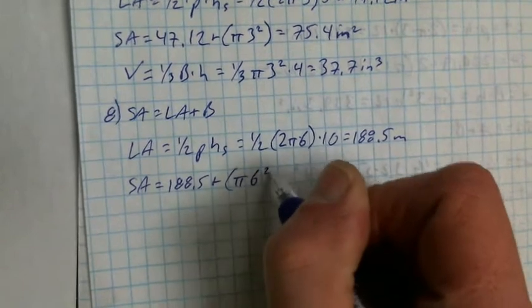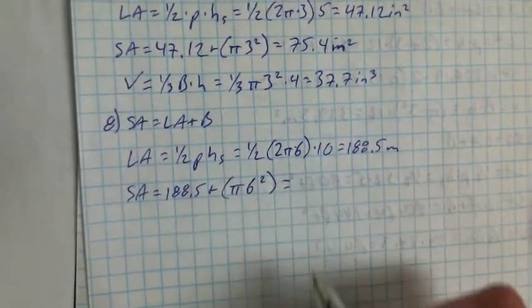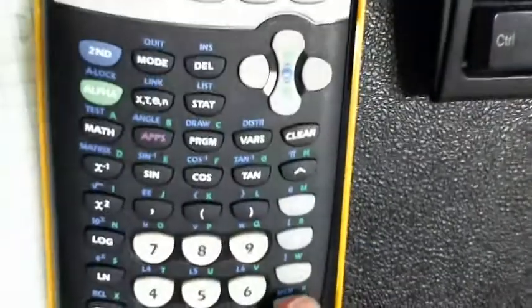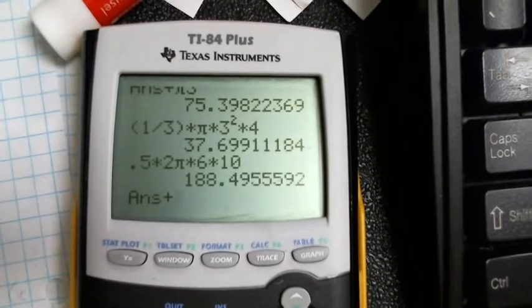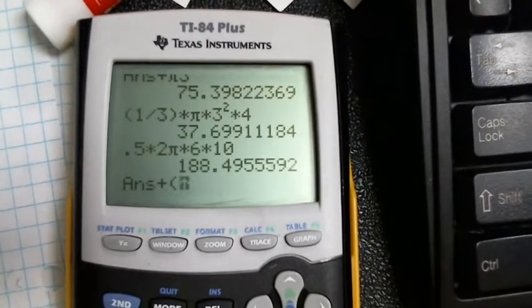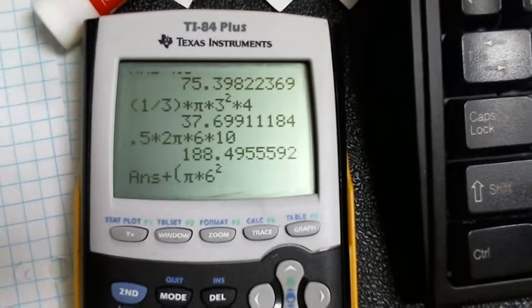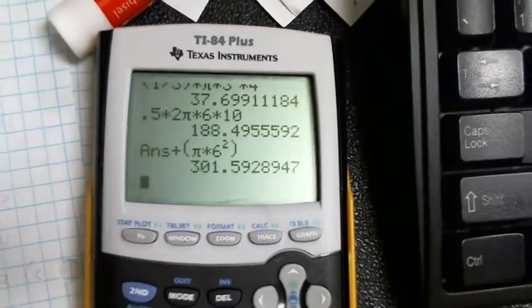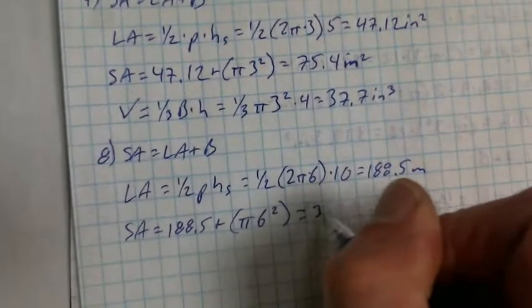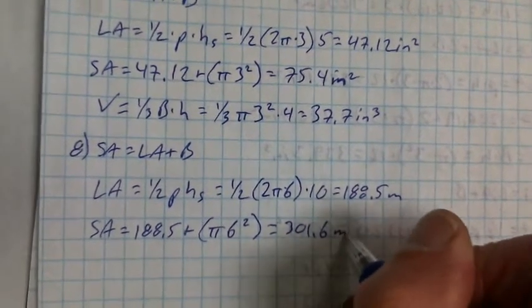There's only one base. So it's the lateral area plus pi r squared. That's 301.6 square meters.